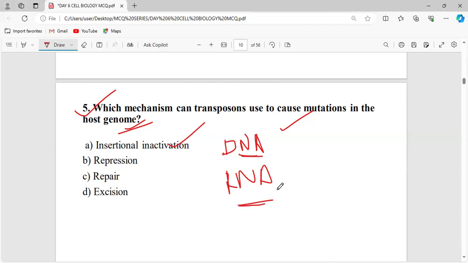The RNA ones we call class 1 transposons, or retrotransposons. And in eukaryotes, which transposons are very common? In eukaryotes, can we find DNA or RNA transposons?